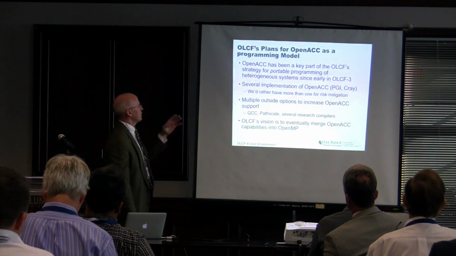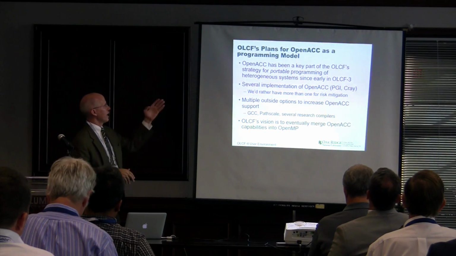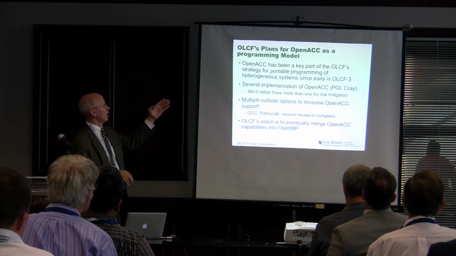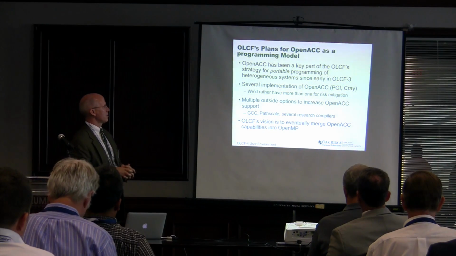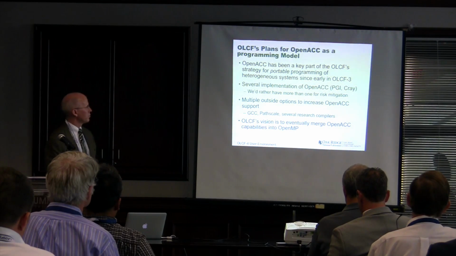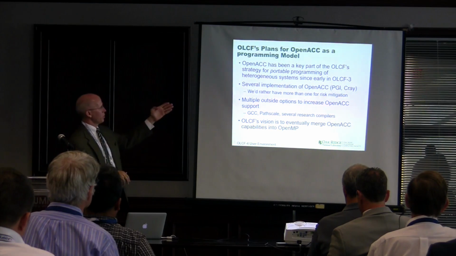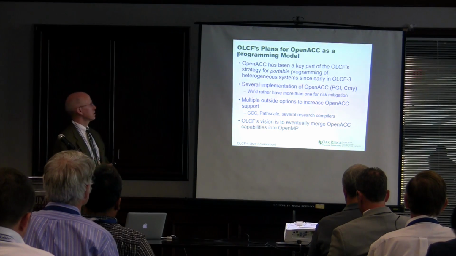So at our center, OLCF, the Oak Ridge Leadership Computing Facility, our plans for OpenACC as a programming model: it's been a key part of our strategy for portable programming of the heterogeneous systems since early on in the Titan project. There were several implementations of OpenACC, the PGI, Cray, and these are our partners.